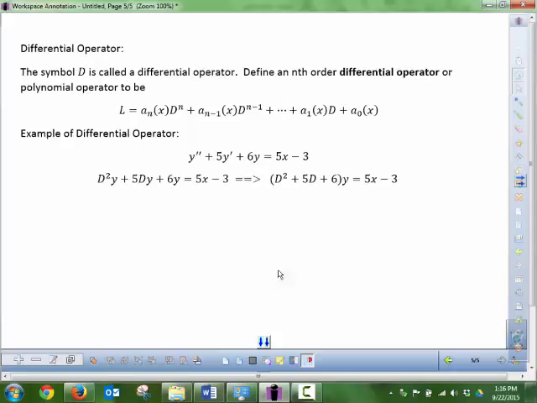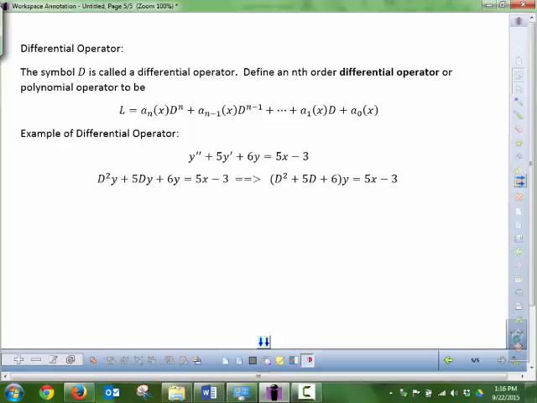So it turns out that if we have a linear differential equation, we're able to use the capital D as a differential operator that takes derivatives of things. And then we can make it look even fancier by denoting whenever we have a second derivative, we'll call that D squared.